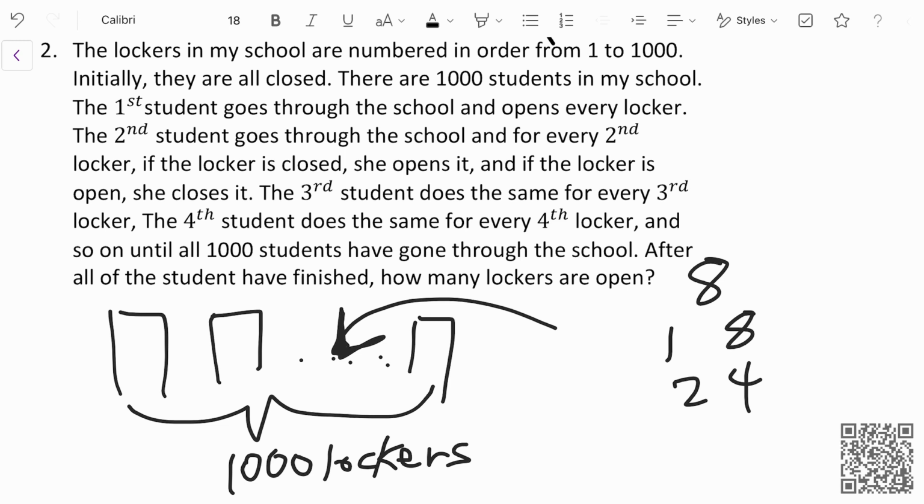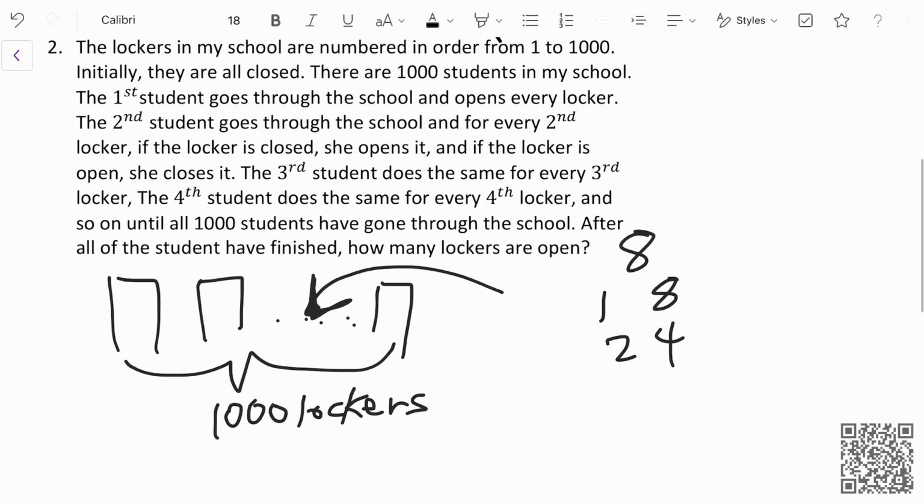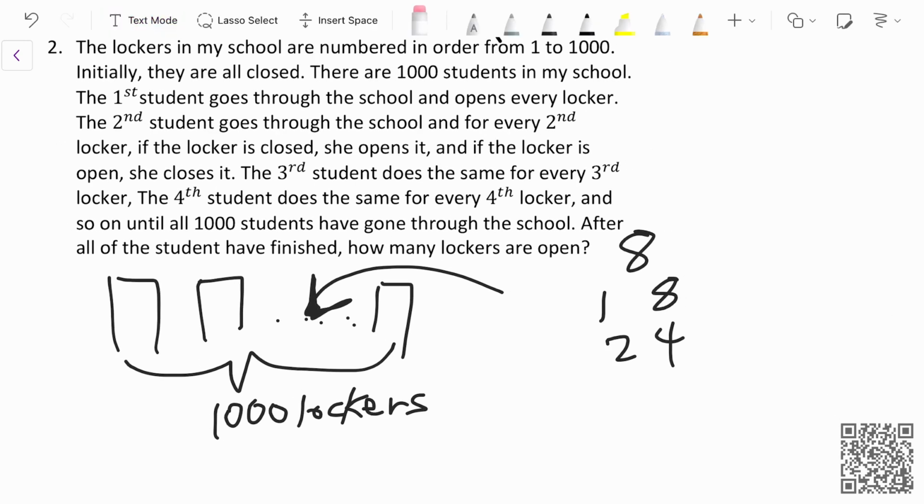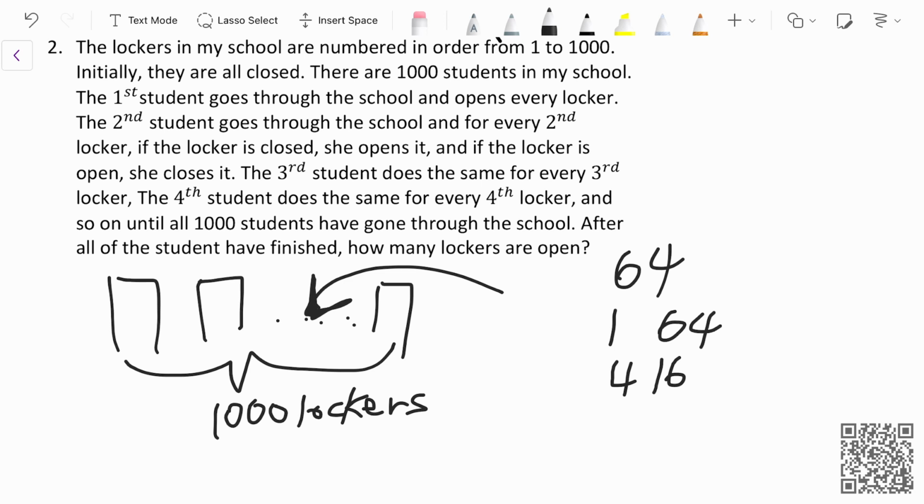So that means we need to look for the numbers that have an odd number of factors. Unfortunately, 8 is not one of them, but moving on. Say 64 is a perfect square. 64 starts like 8. It has 1 and 64, and 4 and 16, and so on.